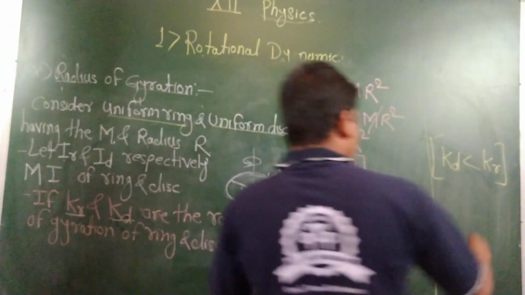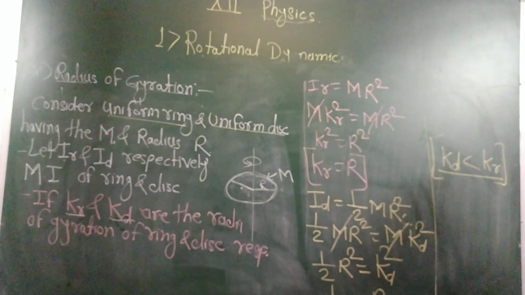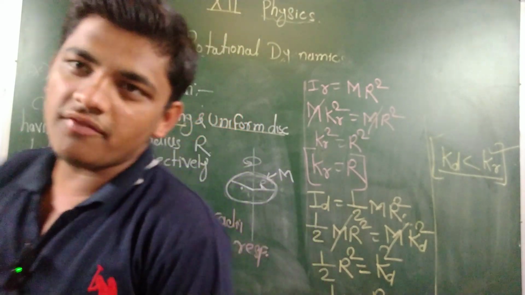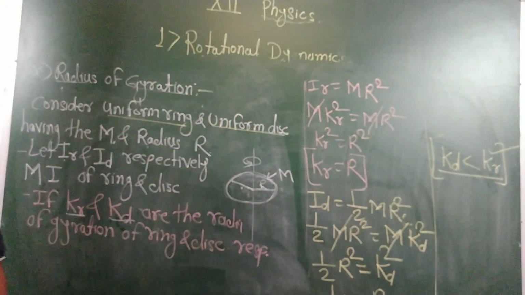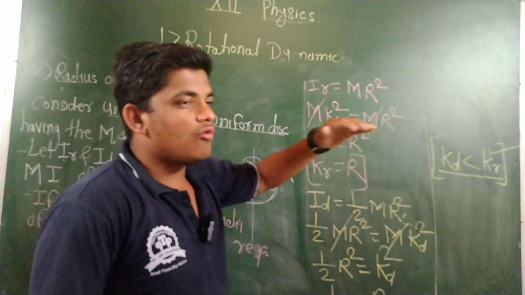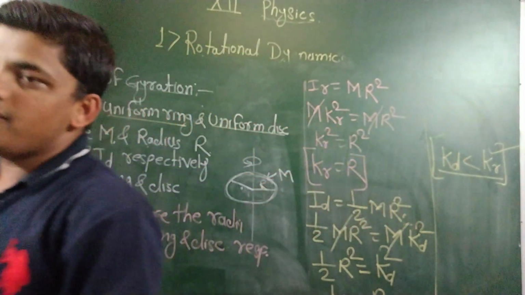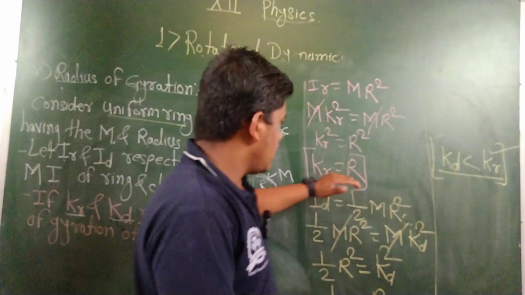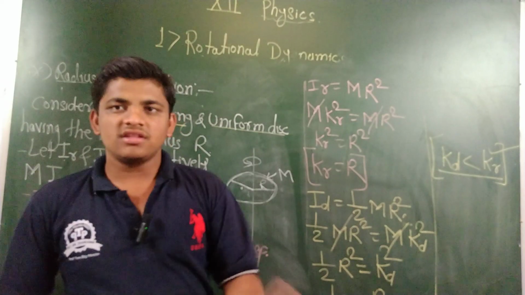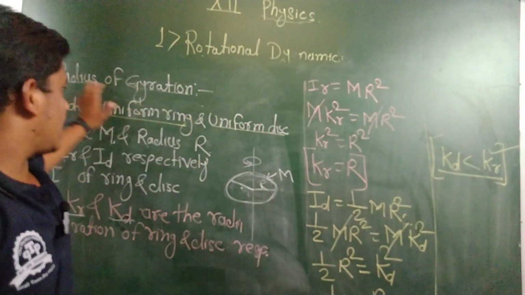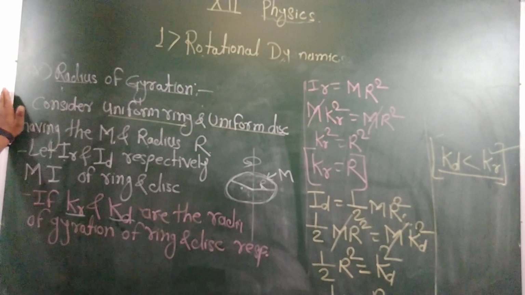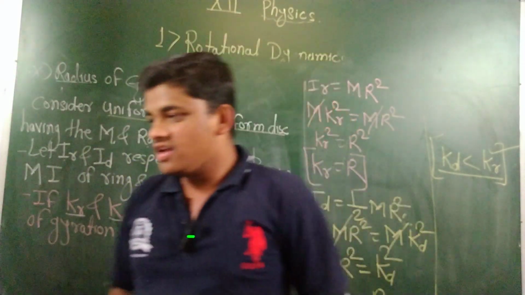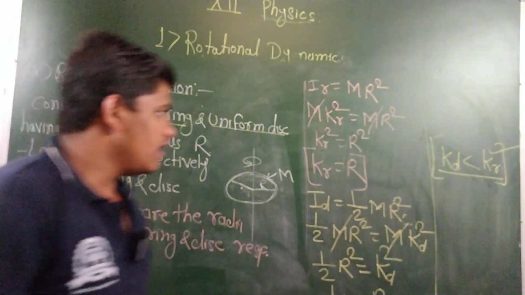After comparison, the radius of gyration of the disk is less compared to that of the ring. We found the moment of inertia, we know both equations of the moment of inertia, and compared them when we consider the perpendicular distance as the radius of gyration. This way we solved the problem: comparison between the radius of gyration of the uniform ring and uniform disk. In the next lecture we will discuss the parallel axis theorem. Okay, now we stop here.